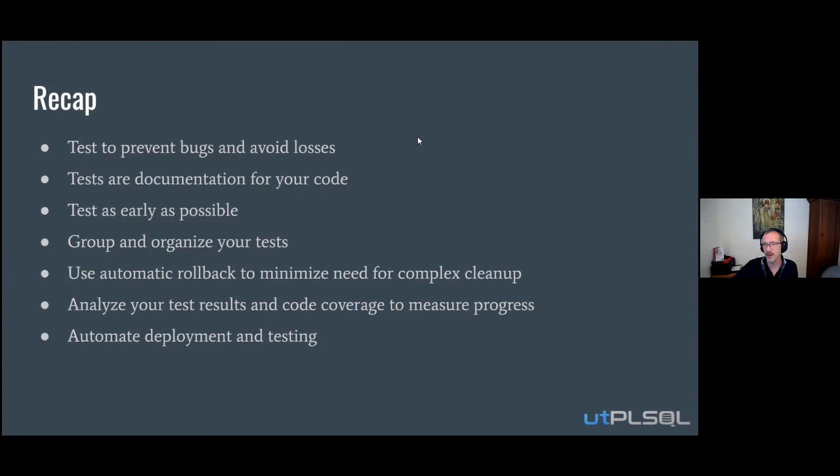You can report your test results using different reporters and look at code coverage reports using utPLSQL reporting capability. And the best way to go forward with testing is to have some form of automation, whether it's using Jenkins or any other orchestration tool to run your tests periodically or on every check-in of your code.